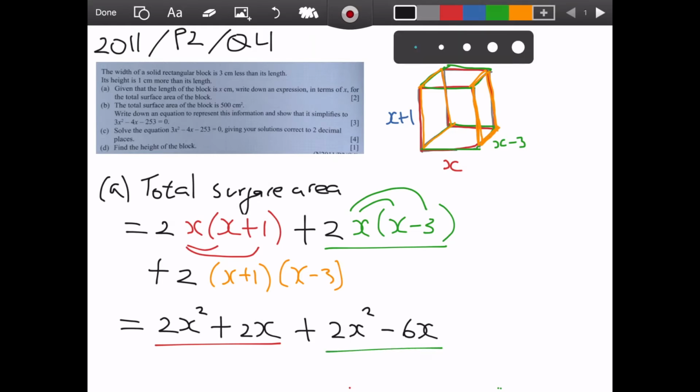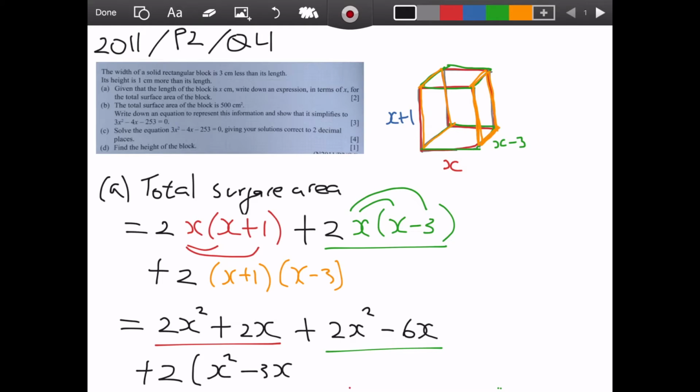Okay, and we add some more. This part, this is the 2. So to make it clear, this is a continuation. So 2 times x squared minus 3x plus x minus 3.